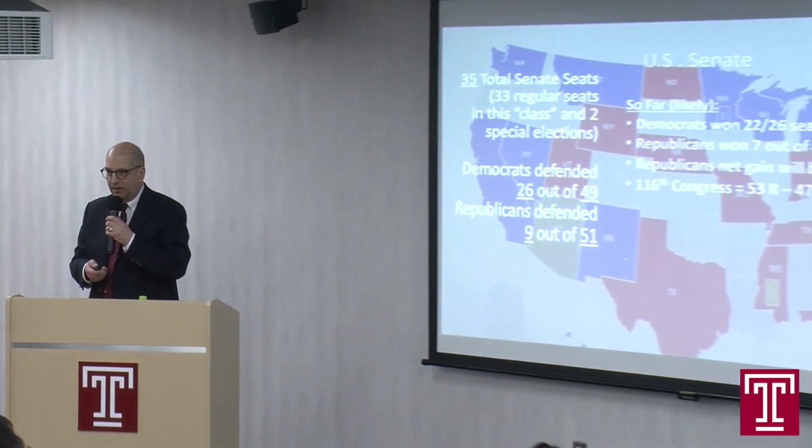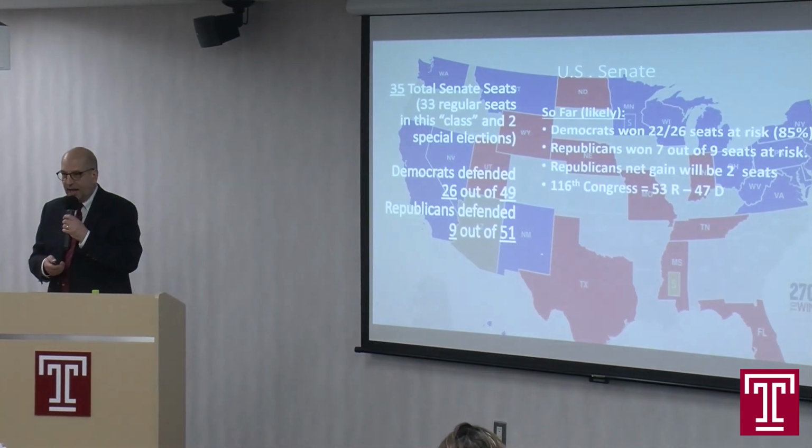In the U.S. Senate, it was much more difficult for the Democrats because of the 1/3 of the seats that were up for re-election, most of them were Democratic seats. You see the numbers here. With the special elections added in, Democrats had to defend 26 out of the 49 seats that they had, so more than half of the seats they had to defend.